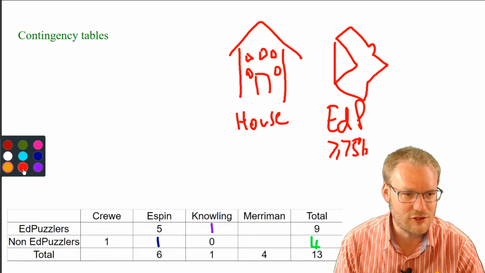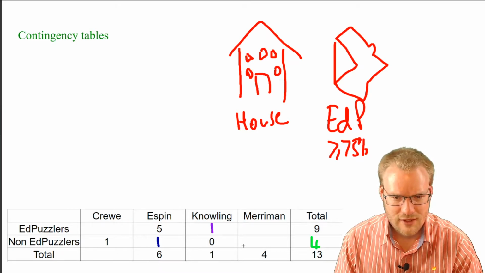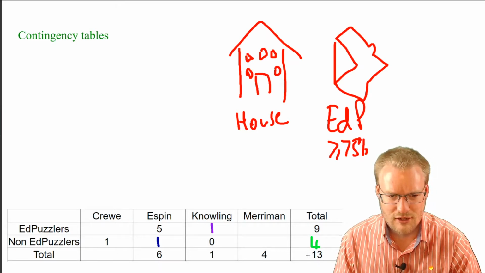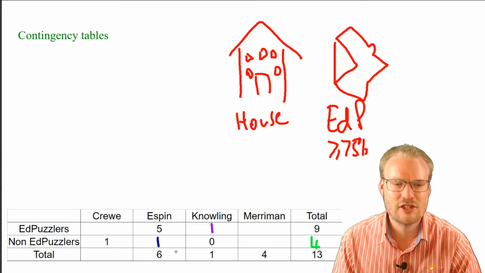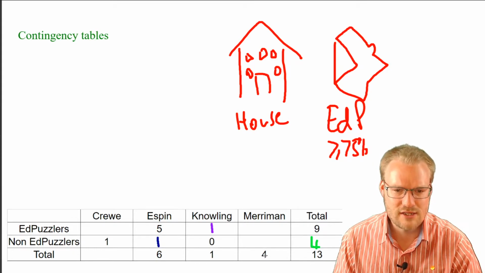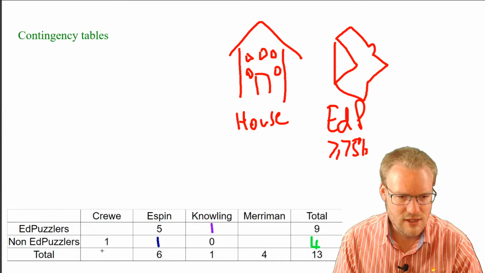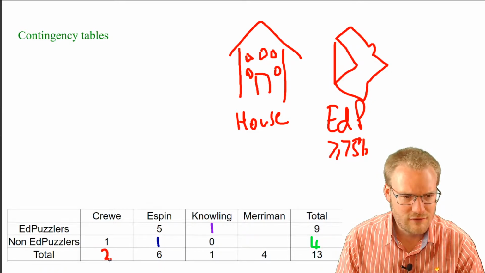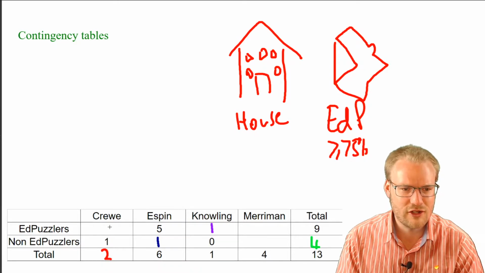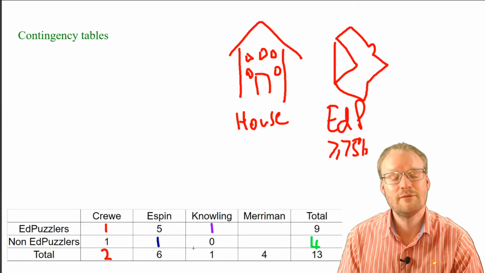Let's go to the Crews and say, well, if there are 13 pupils in the class and we've got 6 Espen, 1 Noling, 4 Merriman, so 6 plus 1, well, I'd actually go 6 plus 4 first because that's easier. 10, 11, which means there must be 2 pupils from Crew in the class. And if there are 2 altogether and 1's a non-Ed Puzzler, 1 must be an Ed Puzzler.